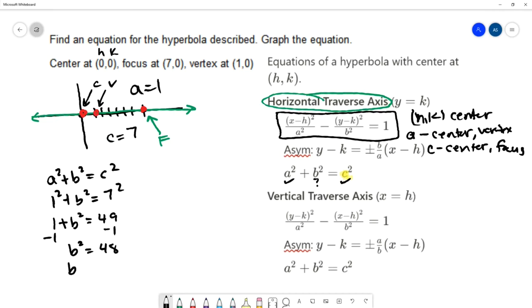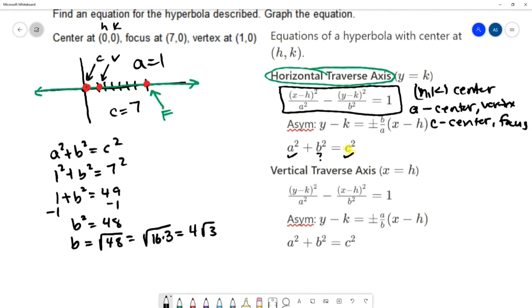And if I square root both sides, I have b equaling the square root of 48. We can simplify this as well. I think 48 is 16 times 3, so we can write this as 4 square root of 3. So now that I know h, k, a, and b, I can write out the equation.